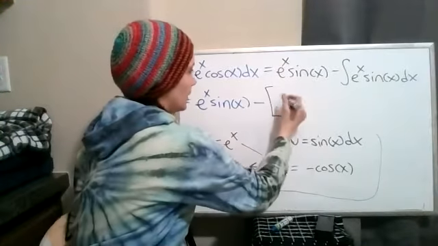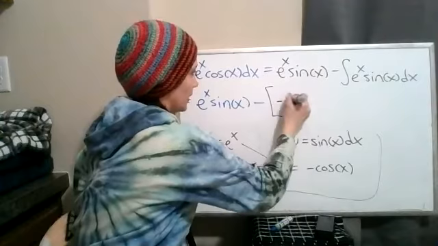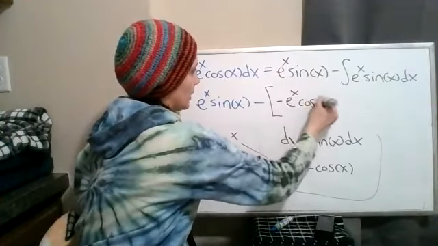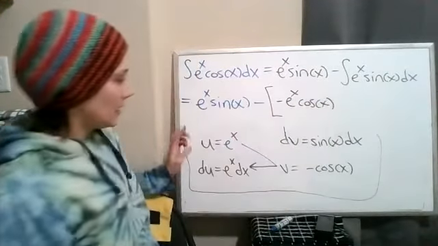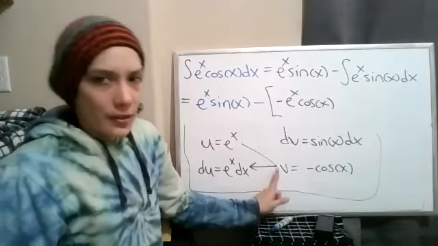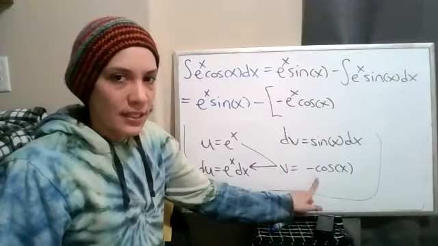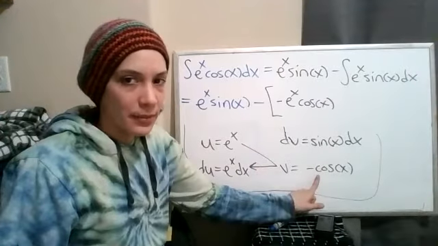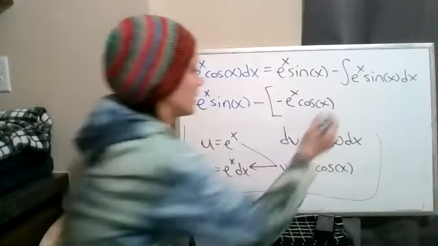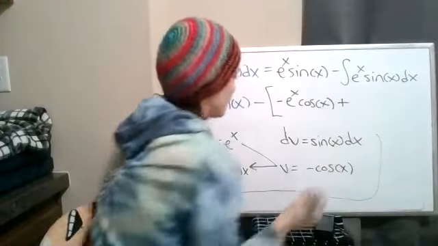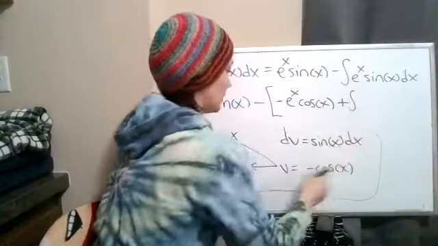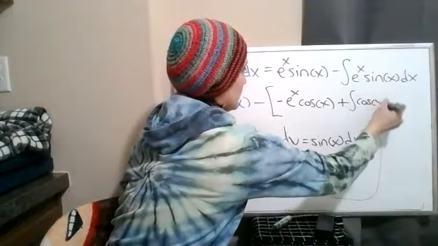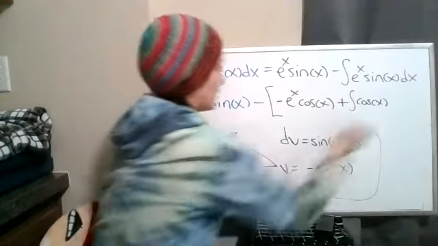We're going to do negative e to the x cosine x. We're going to subtract the integral of this times this, and we need to subtract this negative number, so I'm going to put plus the integral of cosine x e to the x.